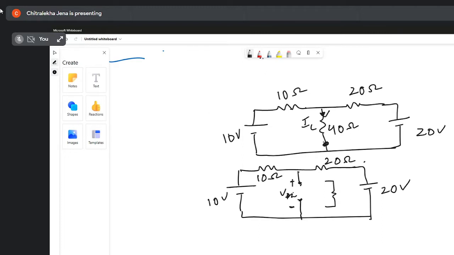Now, how will you find the value of VThevenin? First, I will find the current flowing in this circuit, then apply Kirchhoff's voltage law in this particular loop.